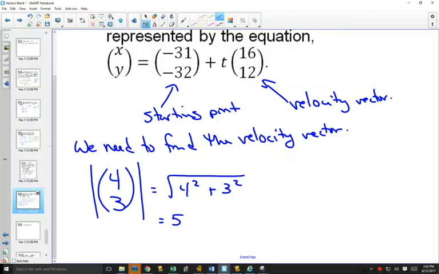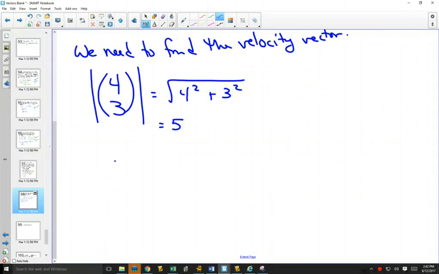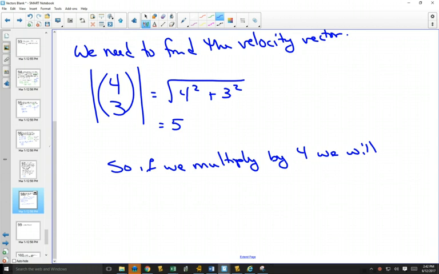So you could find a unit vector with a speed of 1 and then multiply it by 20, or can you see that in order to get a length of 20, you would need to multiply this one by 4, because its length right now is 5. So if we multiply by 4, we'll get a length of 20, and then that length of 20 will be a speed of 20.